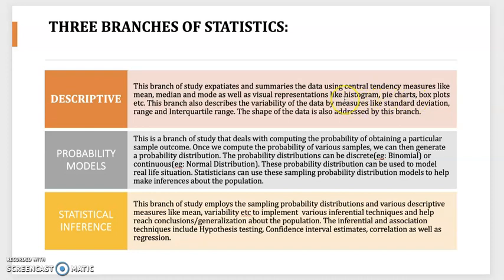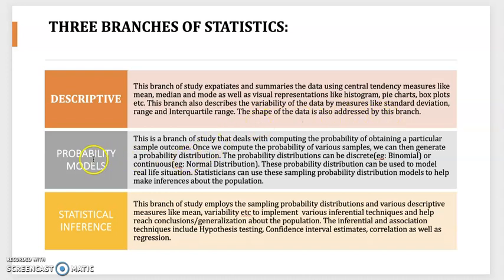Those help us visualize the data. This branch also describes the variability of the data by measuring the standard deviation, the range, and the interquartile range. The shape of data is also addressed by this branch, which is why data visualization is important.